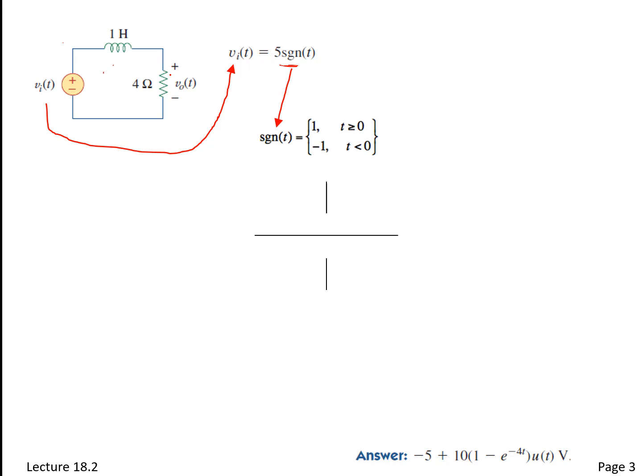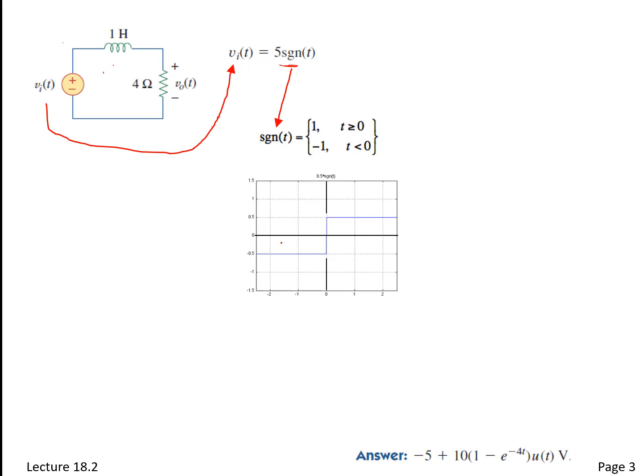The sinum is actually a function that's related to the unit step, except it's shifted down 1. So you could say it's -1 as an example if t is less than 0 and 1 if t is greater than 0. And I found a picture here, but forget these axes.